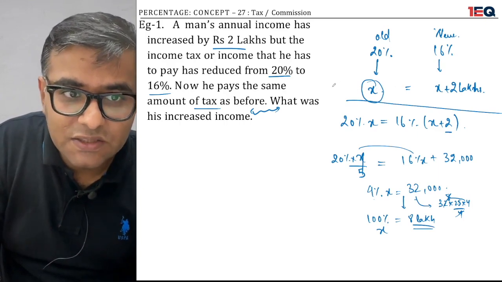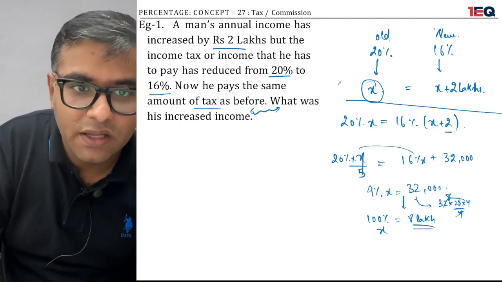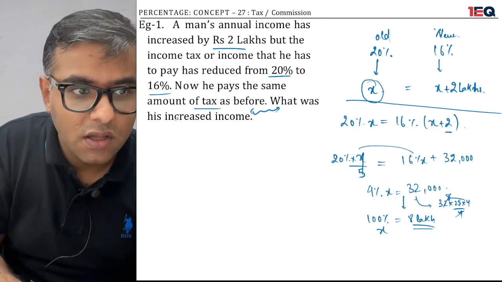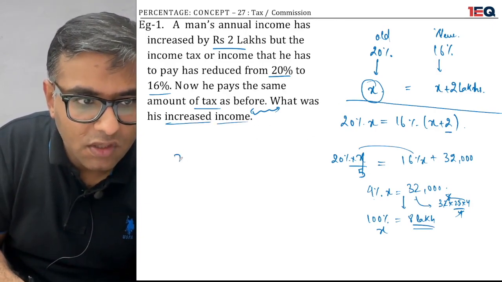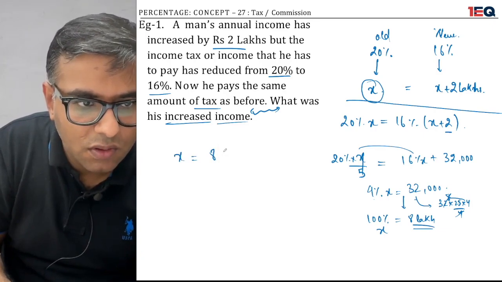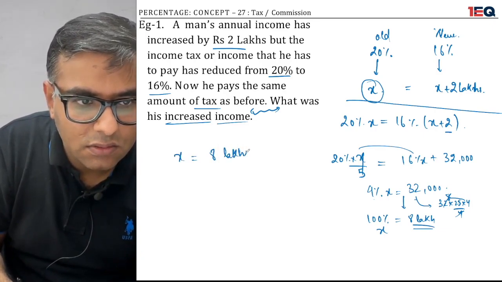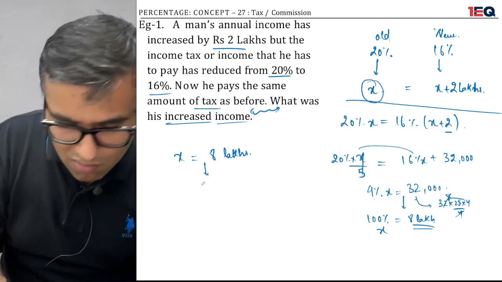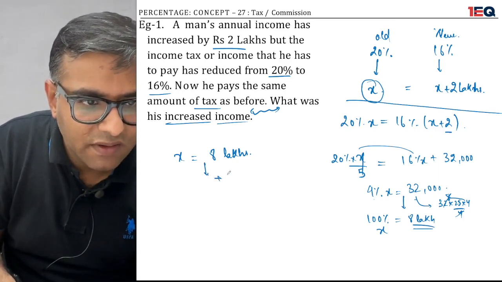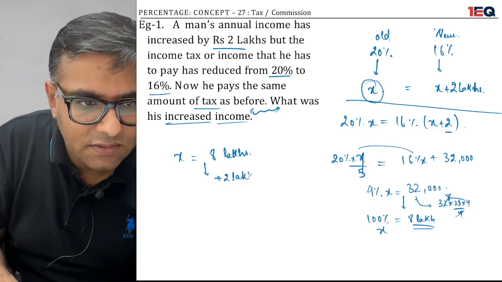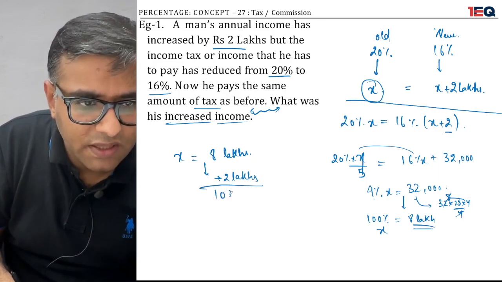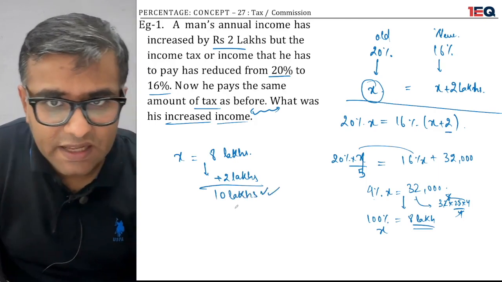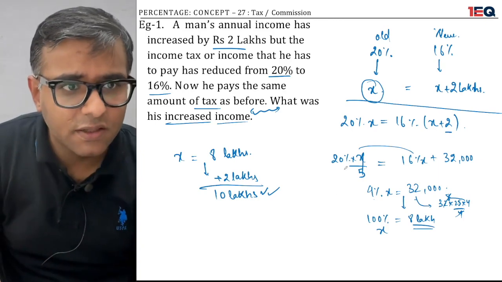X was my assumed annual income before the increase. What was his increased income is the question. If the value of x is equal to 8 lakhs, then what would be the value with the plus 2 lakhs increase in income? It would give you 10 lakhs. Get it?